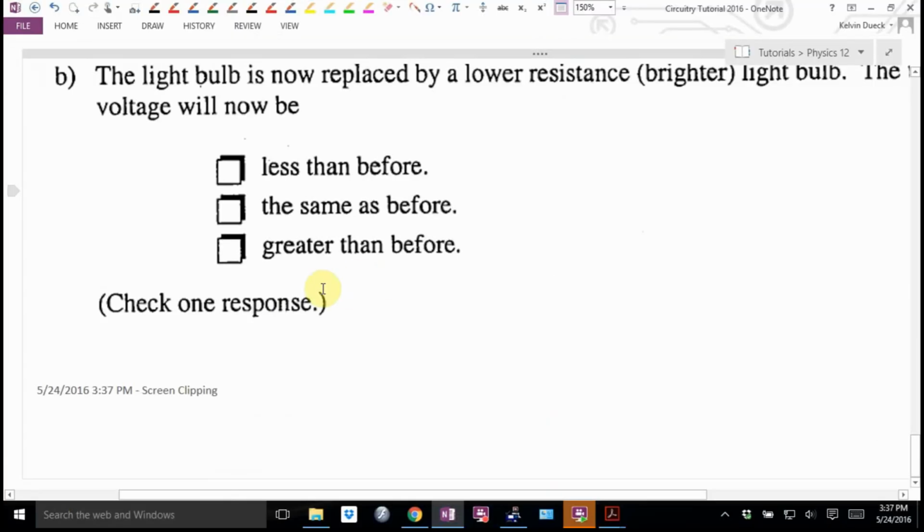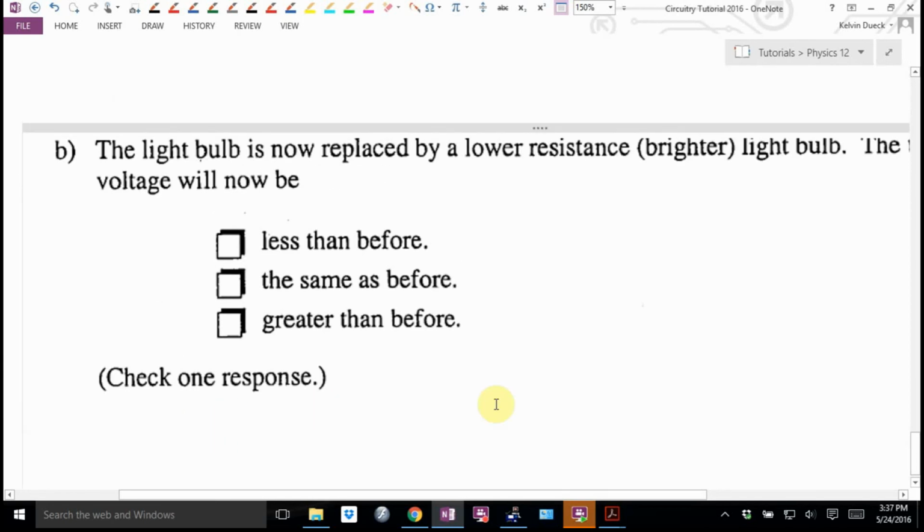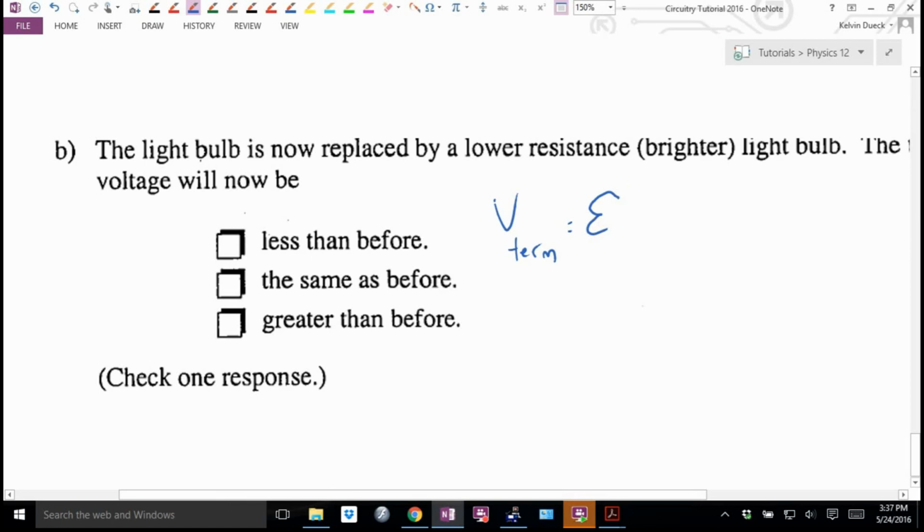The terminal voltage will now be, well, remember, the way I remember it, coming out of the equation, it's what's printed on the battery minus what you lose going through the bump. Okay?